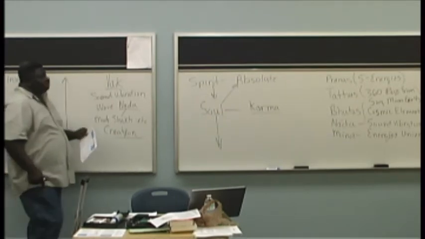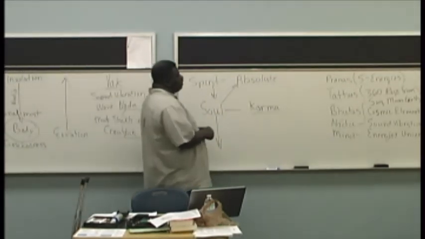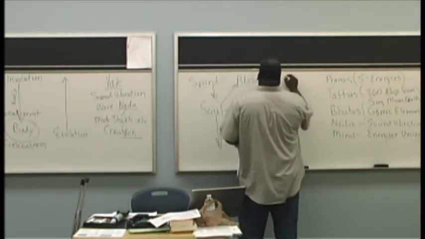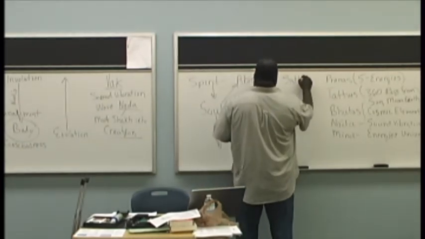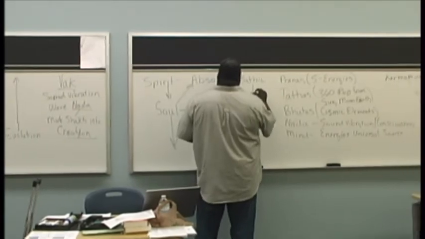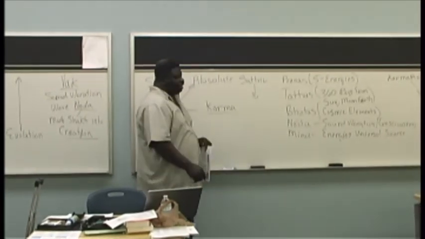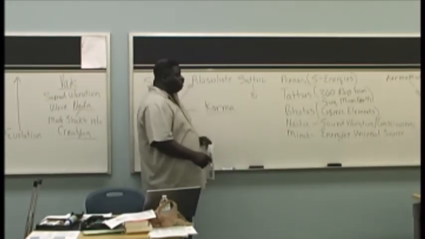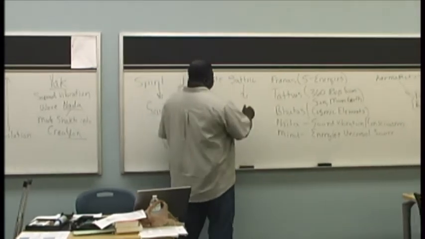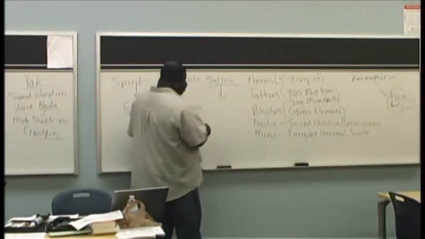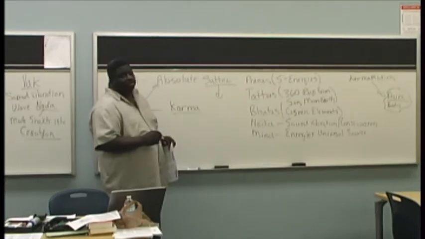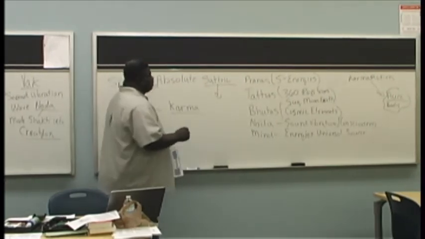So, you understand that also, which I didn't really go into, we have the Sattvic level that the soul came out of, right? And went into what? The Sattvic level is what? Pure, right?